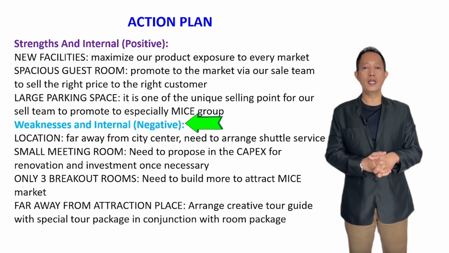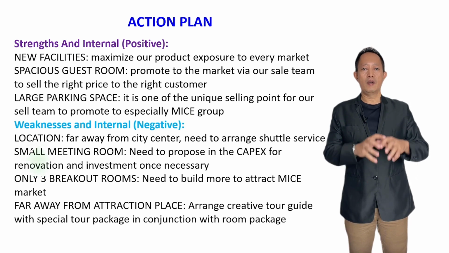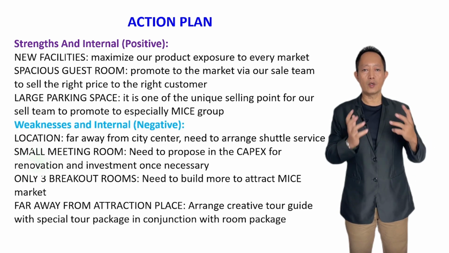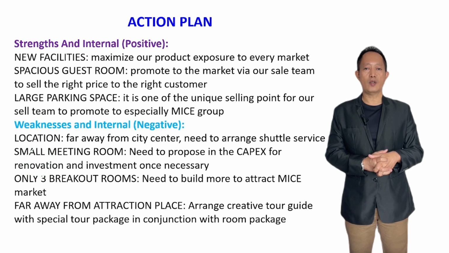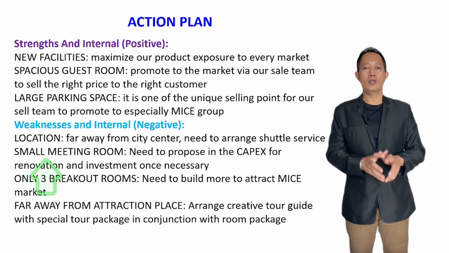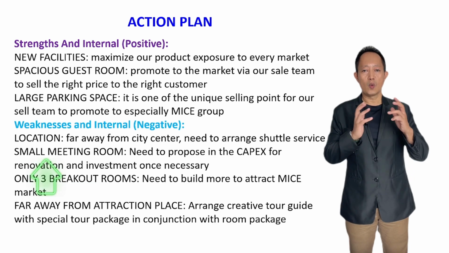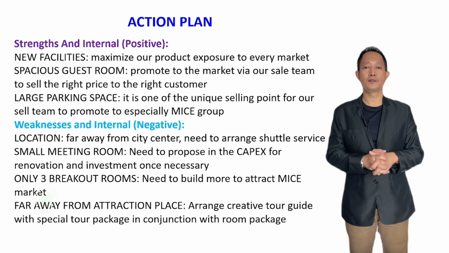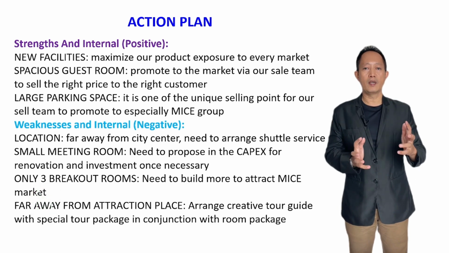Weaknesses and internal as negative. Okay, talk about location. It's far from the city center, so we need to arrange a free shuttle service if possible. Small meeting room: we need to propose it in the capex for renovation and investment once necessary. Only 3 breakout rooms: we need to build more to attract the mass market.